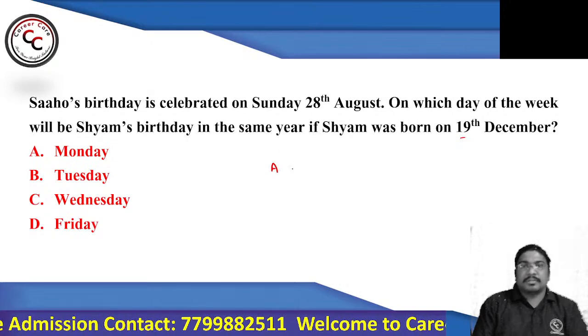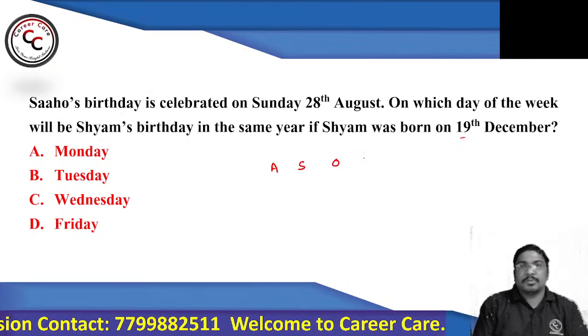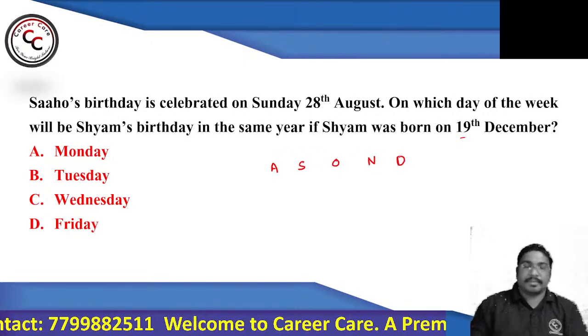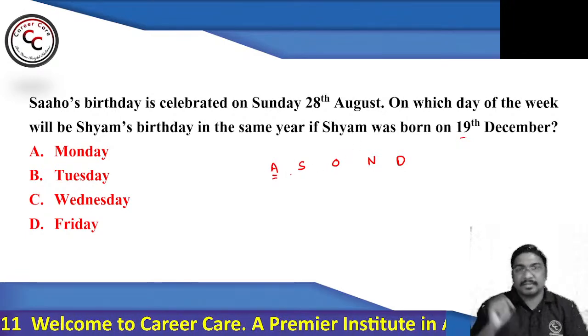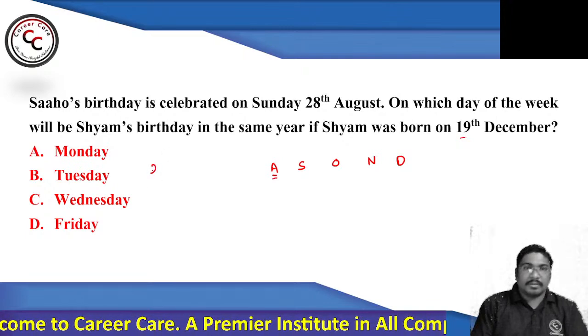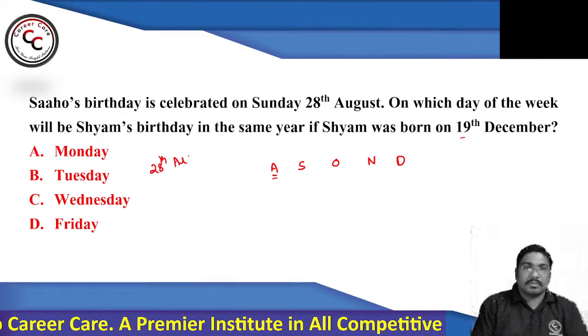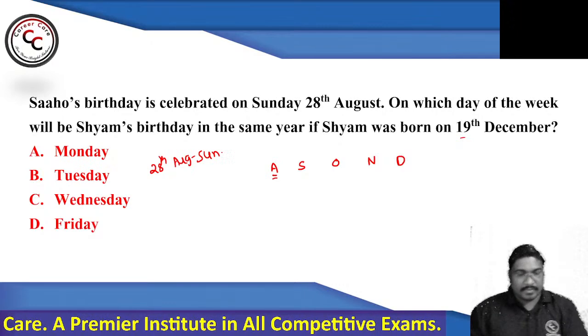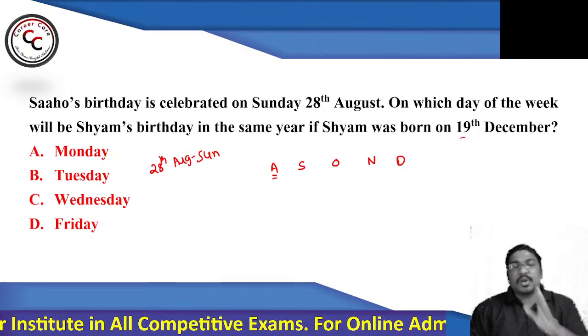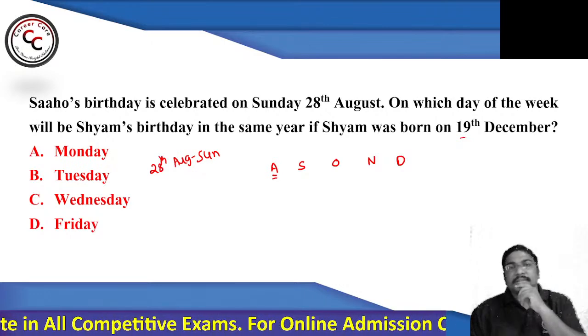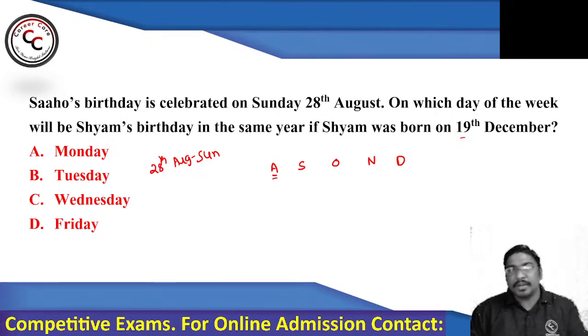So August, September, October, November, December. August consists of 31 days, and 28th August is Sunday. So 28 days are over. How many days are left? 3.